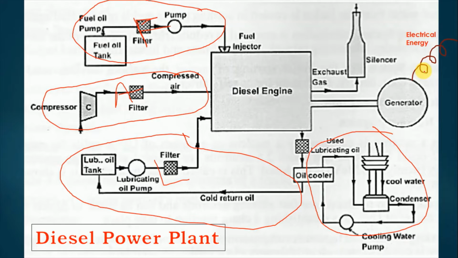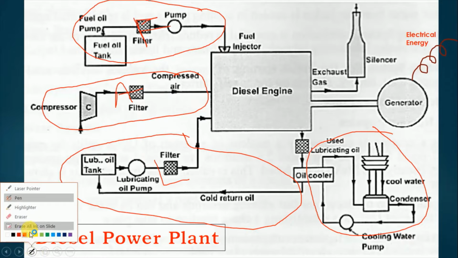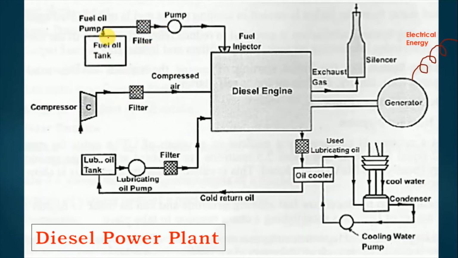Now let us see one by one what these systems are. Let's focus on the fuel system. In the fuel system, if you see the number of components here, this is the fuel tank, then a fuel filter, this is the fuel pump, and ultimately the pipeline goes to the engine. What is the function of the fuel tank? The fuel tank stores the fuel.